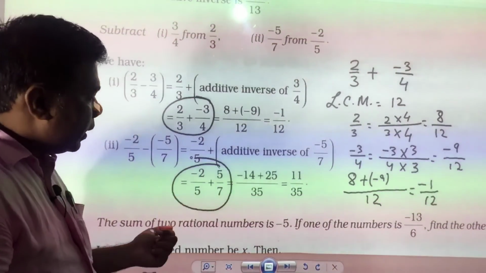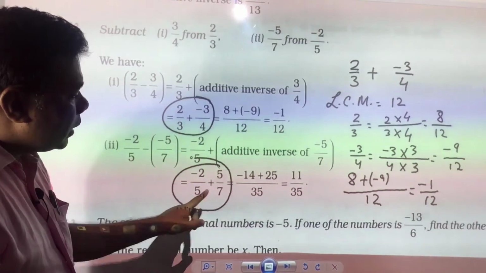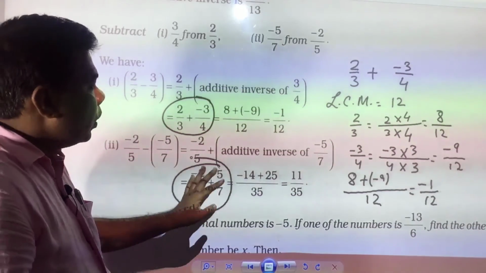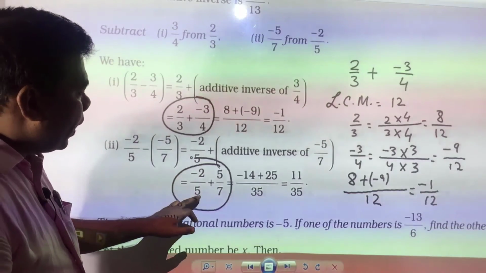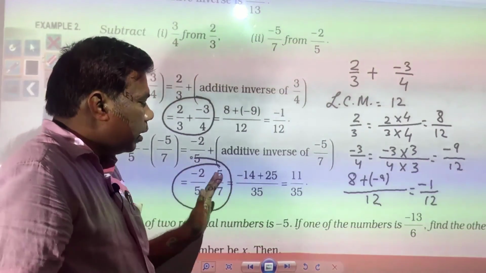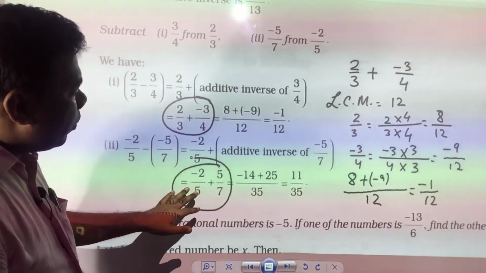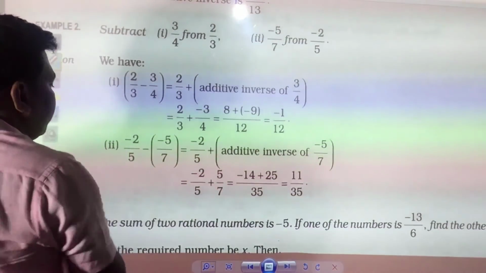So, how we will add this? Again we need to find out LCM of this. So, we will get 5 sevens are 35. So, we need to convert this minus 2 by 5 and 5 by 7 into equivalent rational numbers, and for that, just you see how we will do.